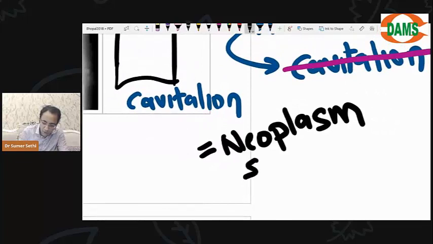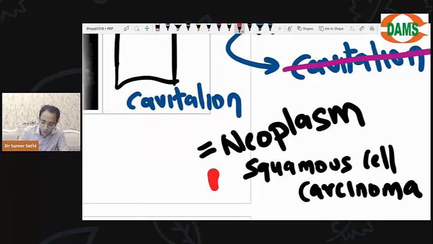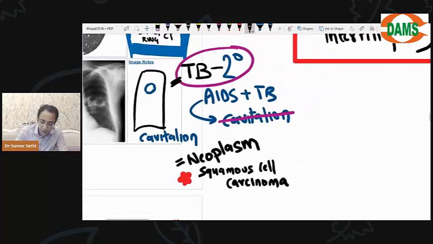Which neoplasm? Squamous cell cancer of the lung. So in the exam, they will often ask you this question: which lung cancer shows a cavitating mass? The answer is squamous cell cancer of the lung.